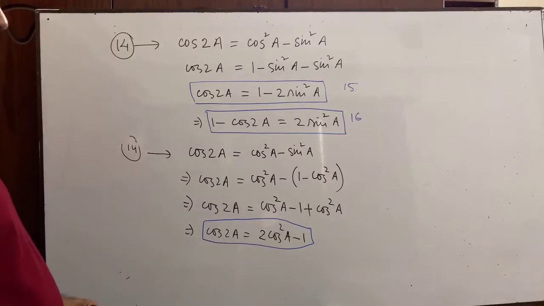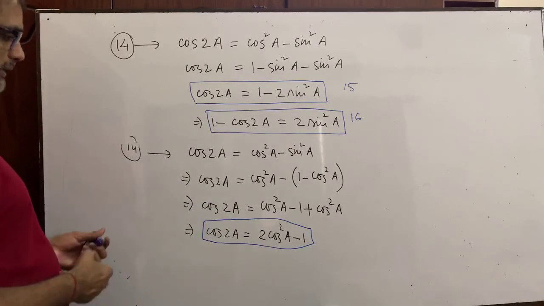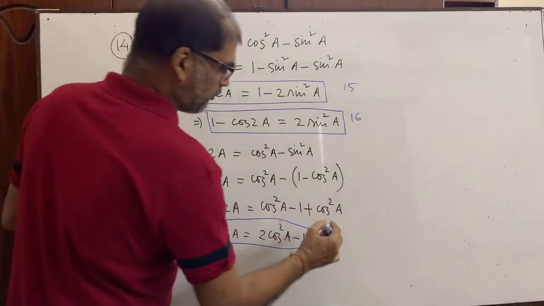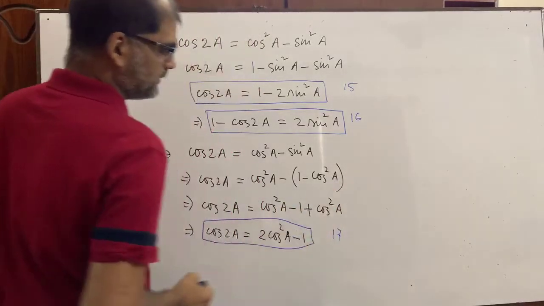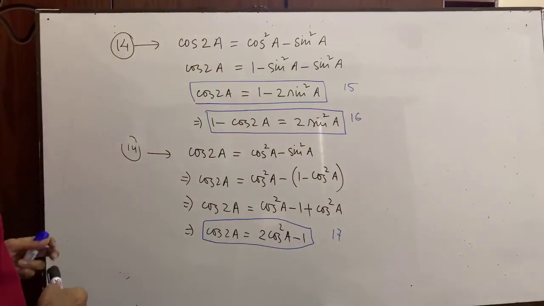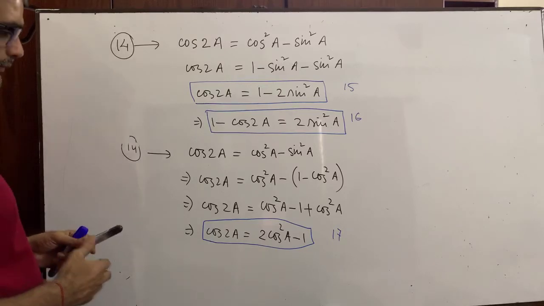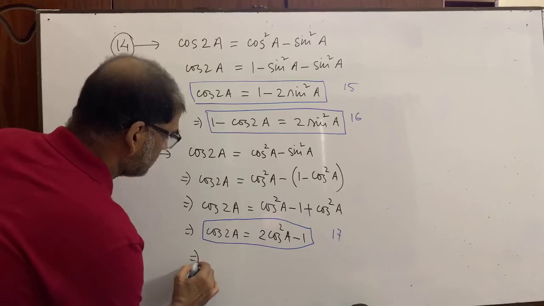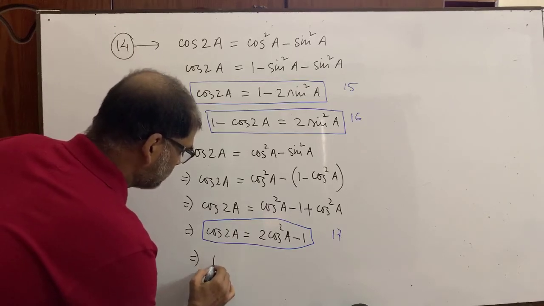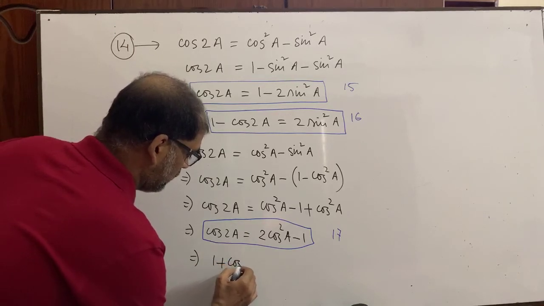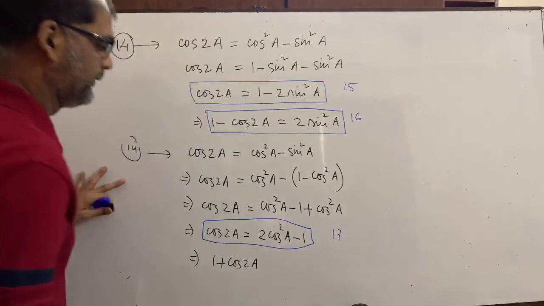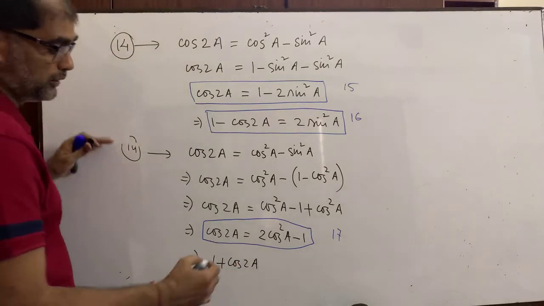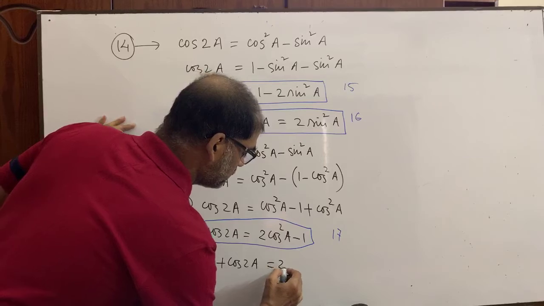Okay, and from this, we call it formula number 17, and from here we can also write 1 plus cos 2a is equal to 2 cos square a.